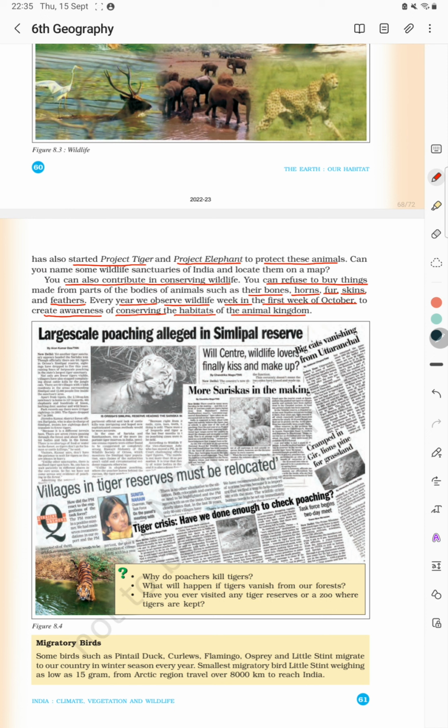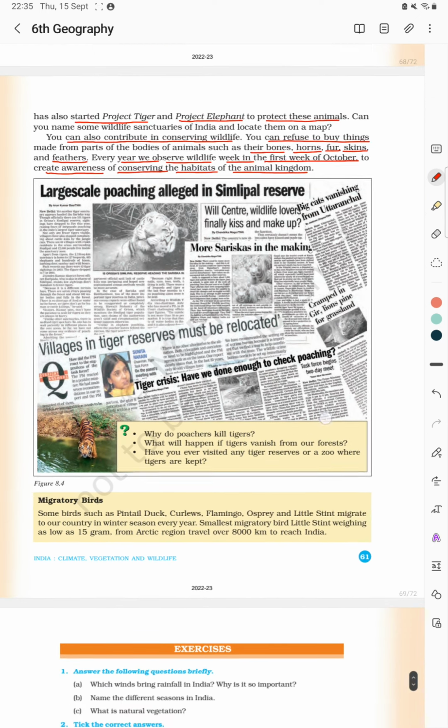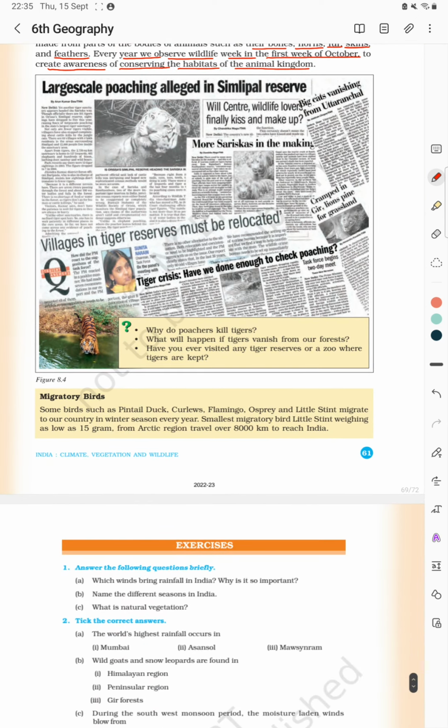So this is the newspaper cutting which shows animal poaching cases or animals in distress. Then migratory birds migrate from one place to another in a particular season.